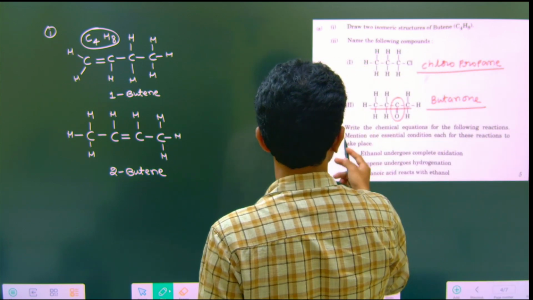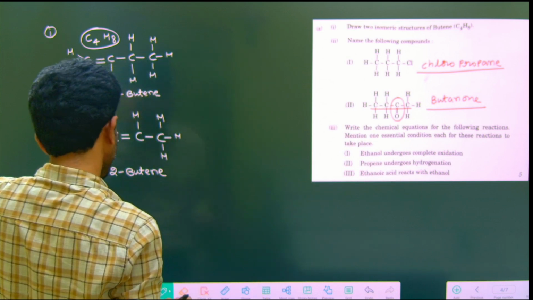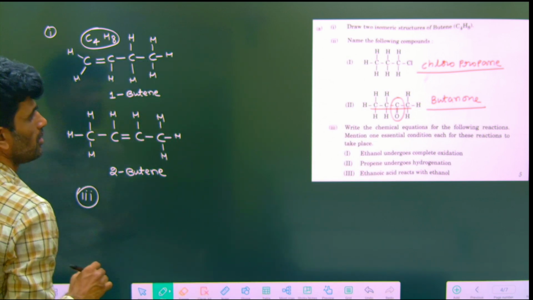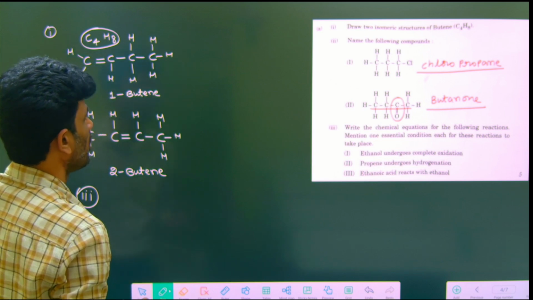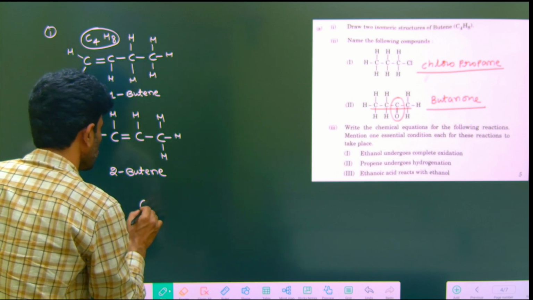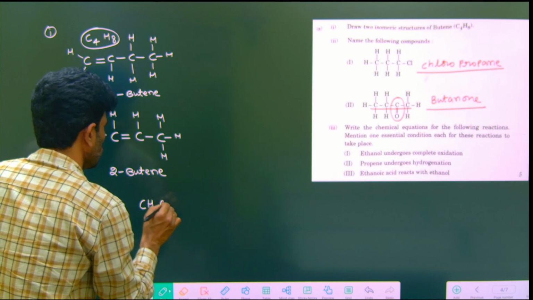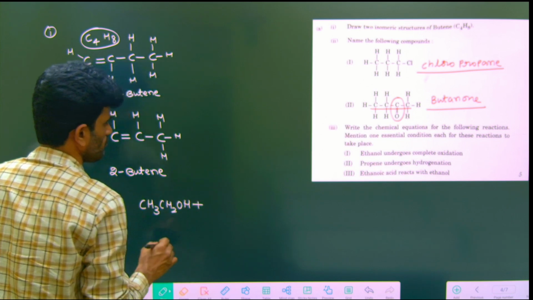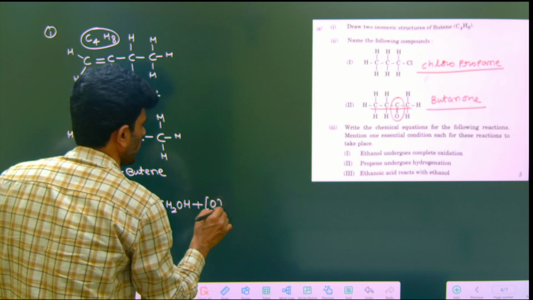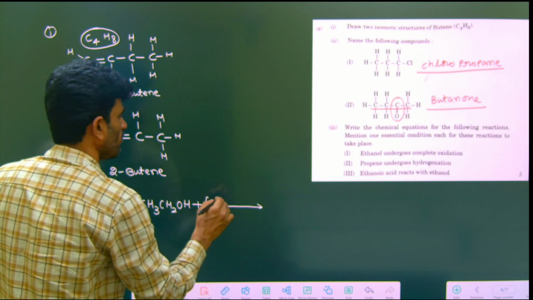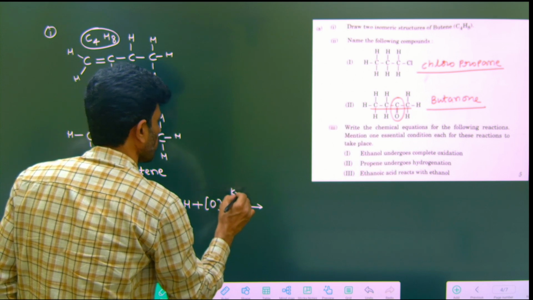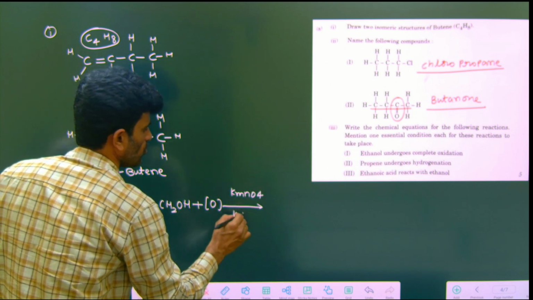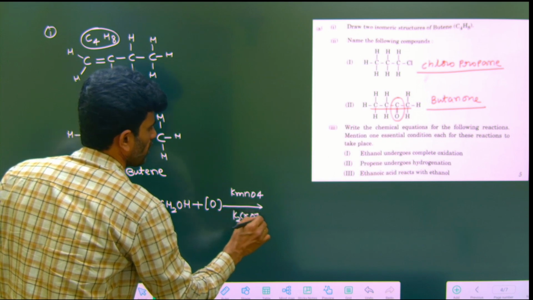Now coming to the third, again we have reactions to write. In that third, first reaction, what do we have to write? Ethanol undergoes oxidation. Ethanol is what? CH3CH2OH. Oxidation: oxygen will be added in the presence of alkaline KMnO4 or acidified K2Cr2O7, potassium permanganate and potassium dichromate.